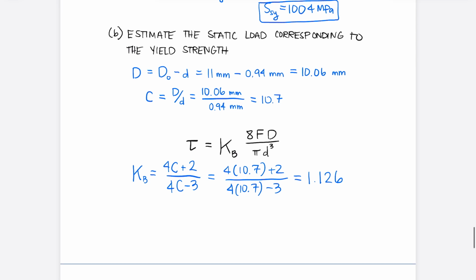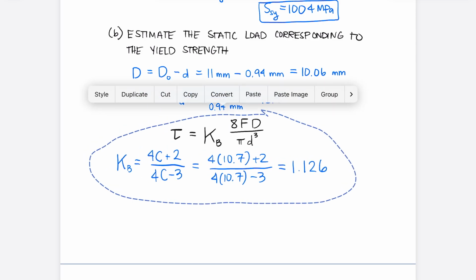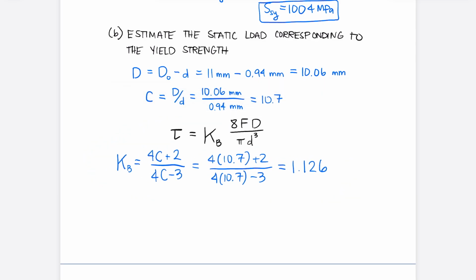All right, now I have everything I need to plug in to this equation. First I'm going to rearrange it a little bit because I want to solve for F, not for tau, and I'm going to replace tau with my torsional yield stress.